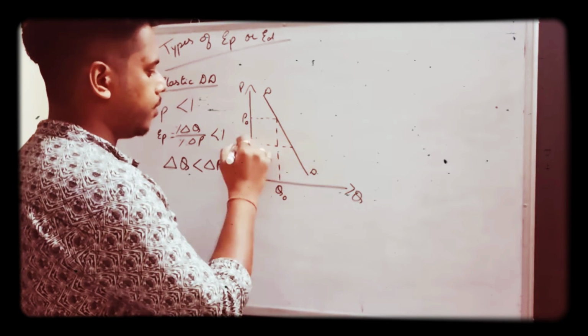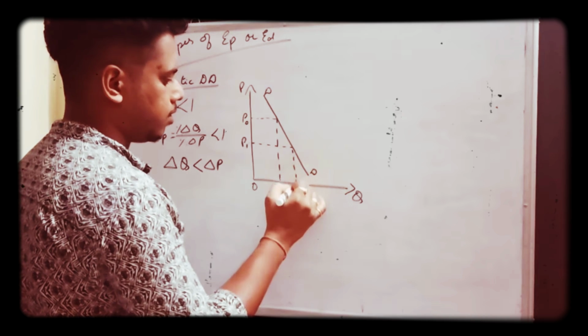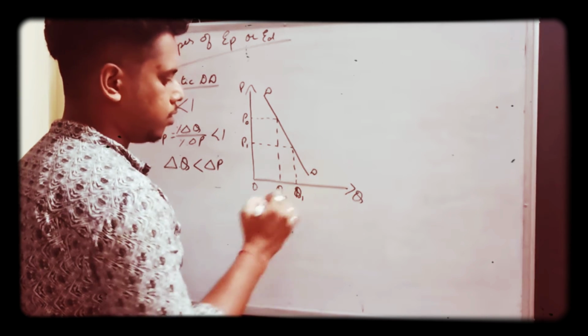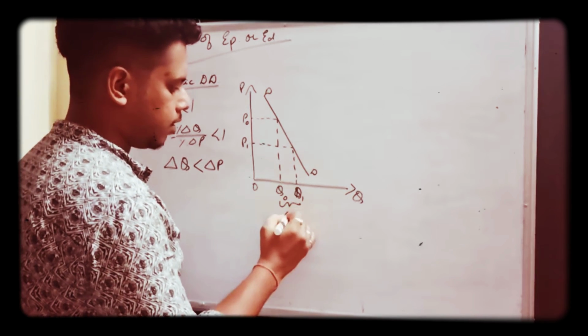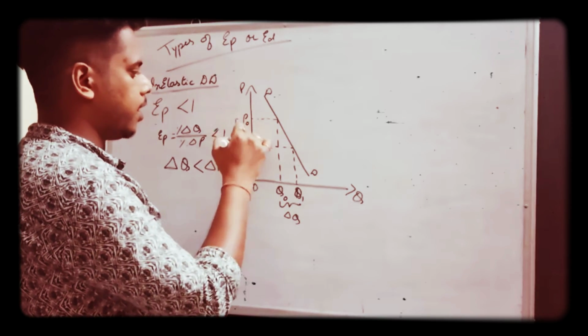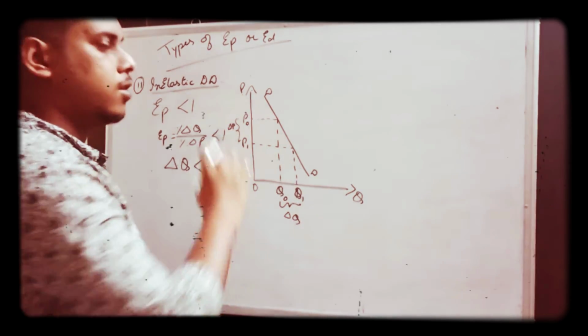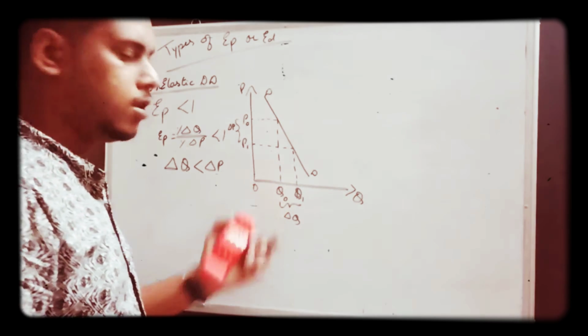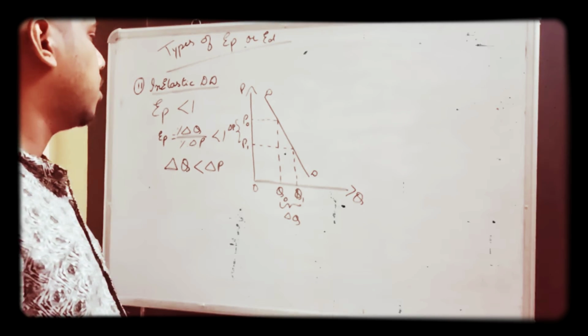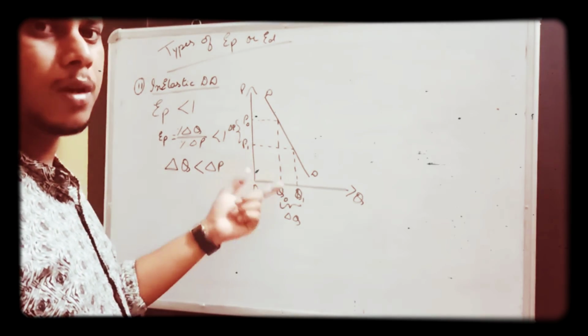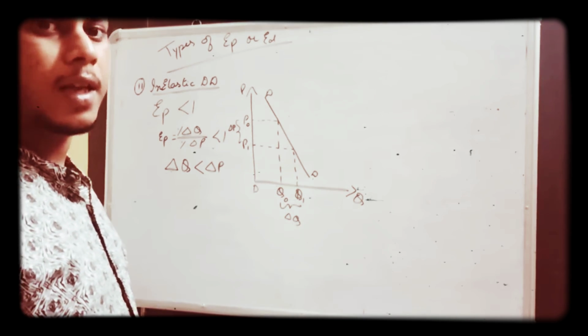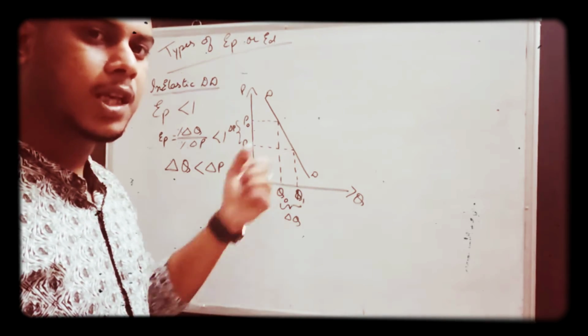Consider another price P1, the associated quantity is Q1. Now you can see that del Q is less than del P. The change in price is greater than the change in quantity demanded. So for this demand curve, the elasticity is less than 1, or it can be termed an inelastic demand curve.